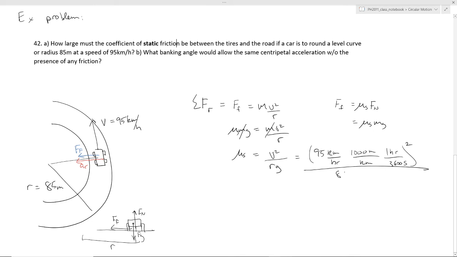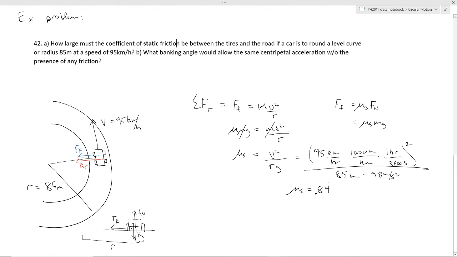And the radius, 85, 9.8 for g. Compute this, we find that the coefficient of static friction that would allow us to turn this corner is 0.84.